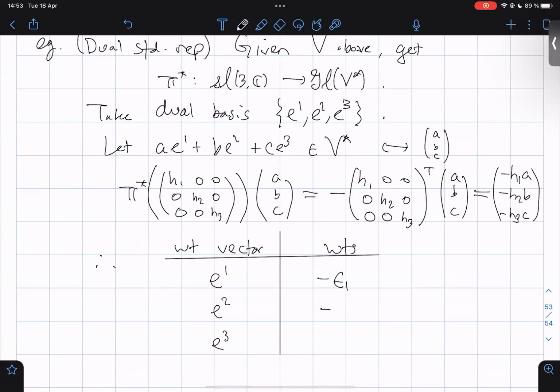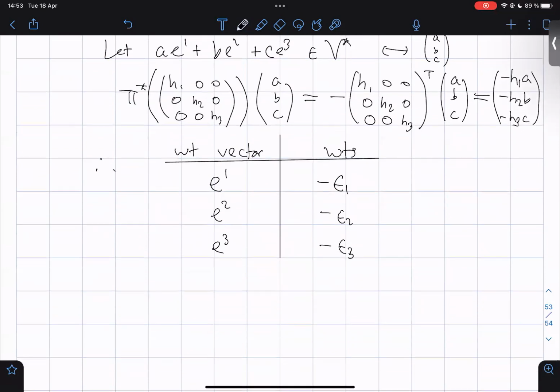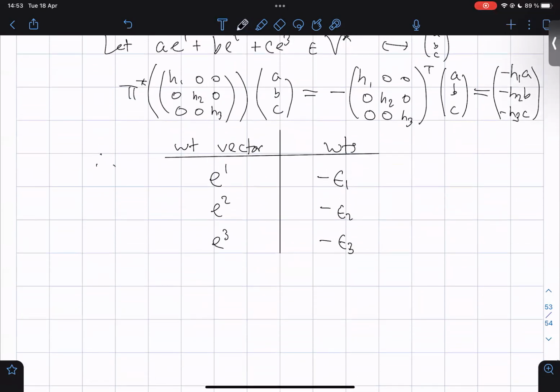Minus epsilon_1, minus epsilon_2, minus epsilon_3. So an immediate observation is that the weights are different from the standard and the dual standard. That's different than in the SL2 case, where C^2 and C^2 dual were actually isomorphic. We found this intertwiner between them. That's not the case for SL3.